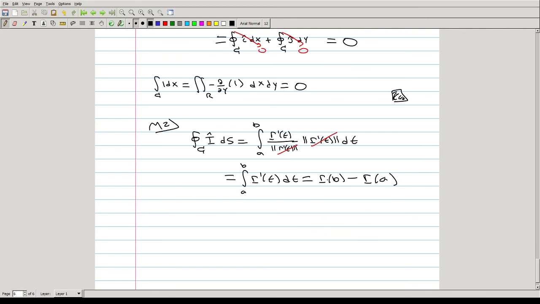And because this is a closed curve C, r of b is equal to r of a. So this line integral is equal to 0.